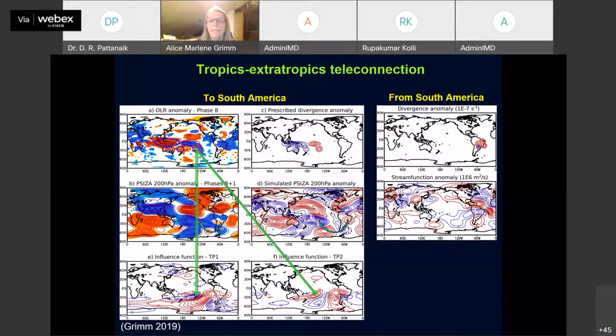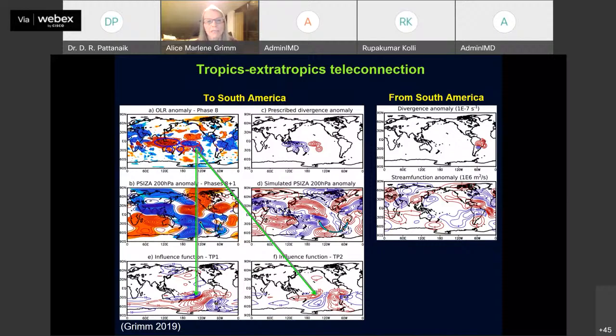But which of these anomalies is actually responsible for these circulation anomalies over South America?